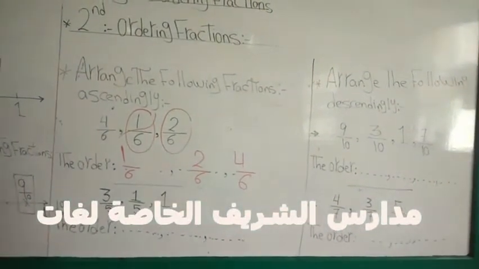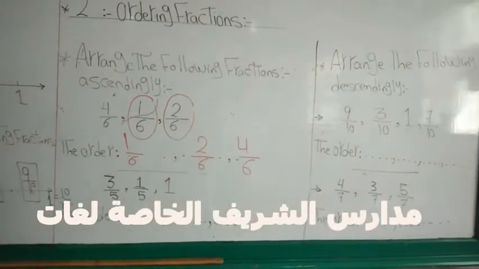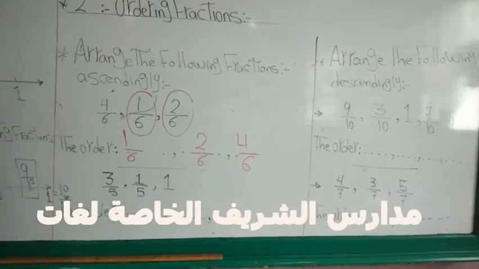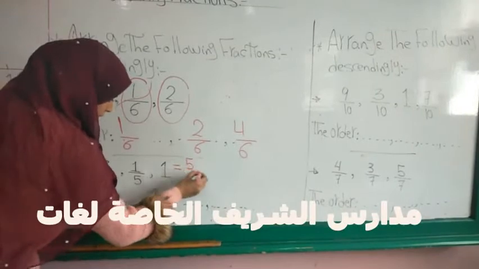Now we have 3/5, 1/5, and 1. We have 2 fractions and 1 whole number. As we know, 1 equals 5/5, or 5 divided by 5.